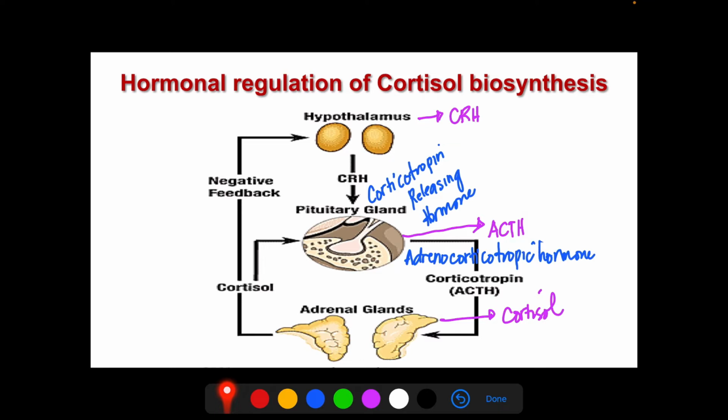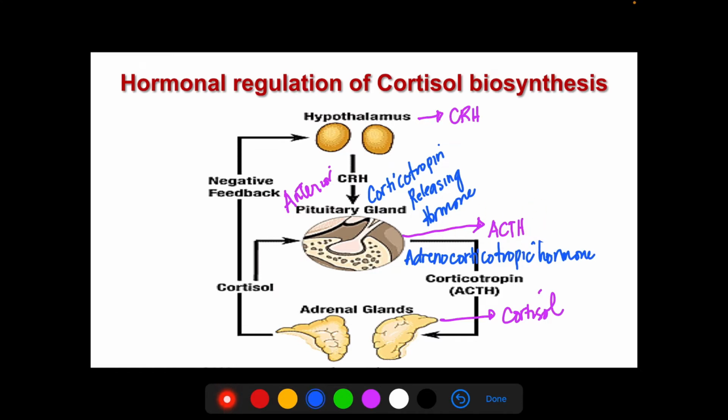Particularly, it's the anterior pituitary gland that releases your adrenocorticotropic hormone. The anterior pituitary gland is also known as the adenohypophysis, because the posterior pituitary gland is the neurohypophysis. So it's the anterior pituitary gland, or adenohypophysis, which releases the ACTH.